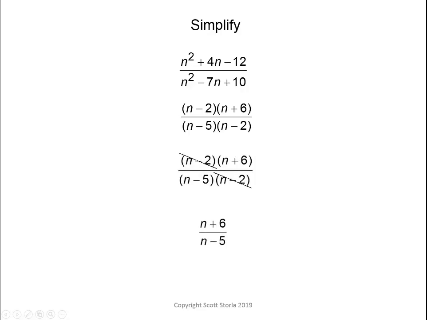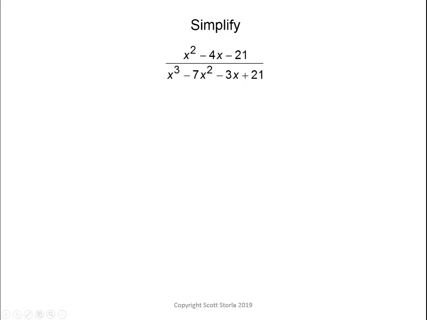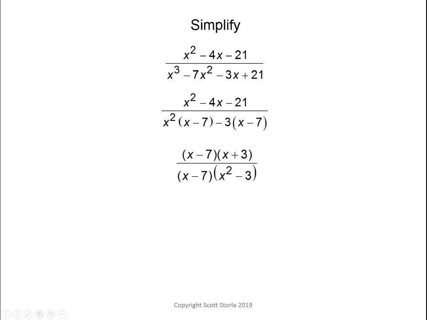I reduce the common factor and I'm left with n plus 6 divided by n minus 5. Here you'll have to use grouping in the denominator. After factoring and reducing the common factor of x minus 7, here's my result.